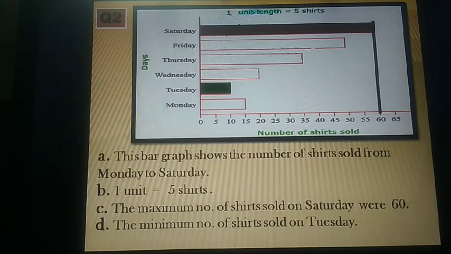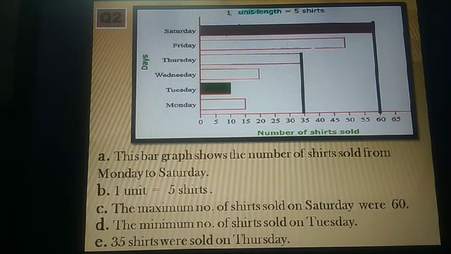Next, how many shirts were sold on Thursday? Particularly, we have to focus on Thursday here. So what you will do is you will keep your scale at the top of Thursday and check the value. It's coming 35. So your answer is 35 shirts were sold on Thursday.